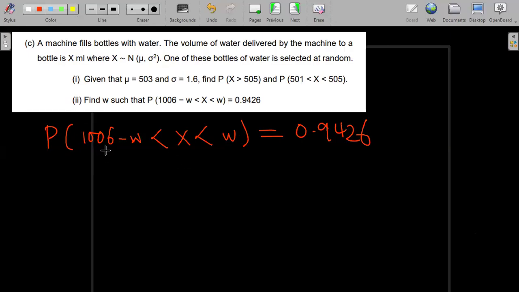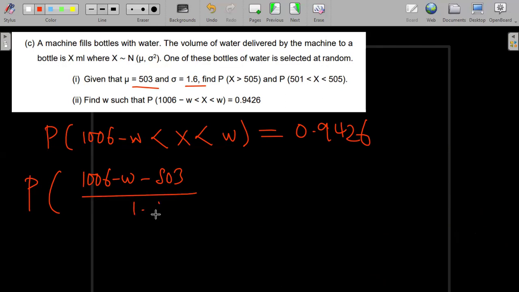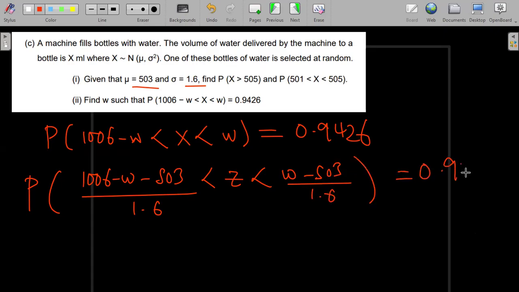Standardizing, remember that our mean is this, our standard deviation is this. So it will be the probability of 106 minus W, minus the mean, divided by the standard deviation. Standardize the X to be Z. This one here is W minus 503 divided by 1.6, equal to 0.9426.